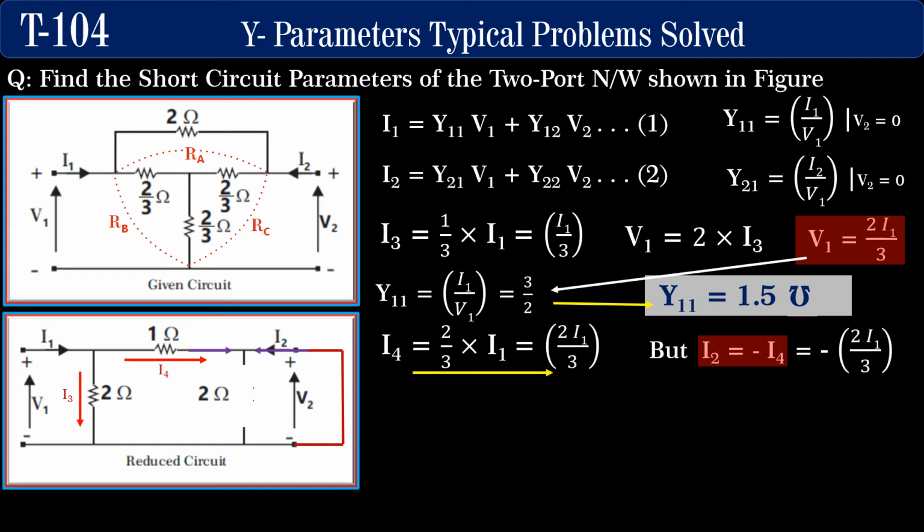But we know I2 is equal to minus I4, and by substituting for I4 we get I2 is equal to minus 2 I1 divided by 3.